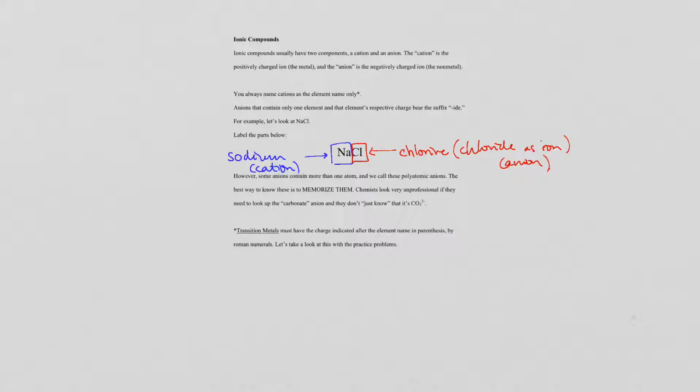Right? Now, some of those anions are polyatomic, right? For single element anions, those monatomic anions, you're just going to chop off the end of the element name, add IDE, and you are A-OK, right?